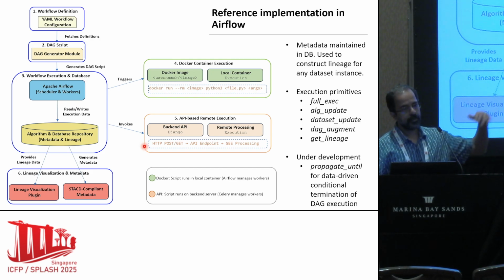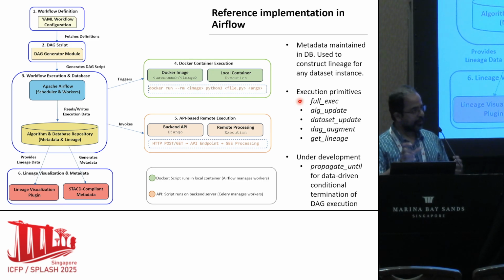This API in turn could go to Earth Engine, compute stuff, and bring it back. And then all of this is maintained in a database. And on this, we've also implemented a couple of simple things like full exec, which executes the entire DAG on the particular set of inputs. Algorithm update is where some particular algorithm in the DAG is updated, and then everything downstream of it gets recomputed.